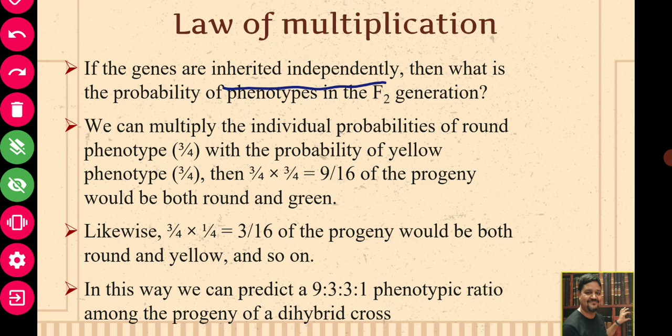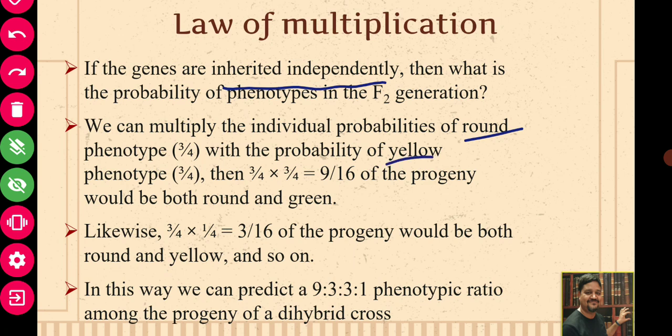It can be predicted with the help of the law of multiplication. Here we will take one example, the same example of yellow and round, yellow wrinkled and green. So here you can see, suppose there is round and yellow.